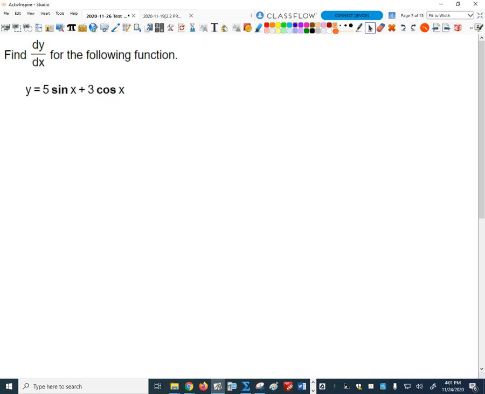Calculate the derivative for the following function. So this is just reinforcing the derivatives of the trig functions. So y prime would just equal 5. I'm just differentiating term by term. I've got 2 terms, so I can differentiate each individually. Derivative of sine is cosine x, and the derivative of cosine is negative sine x.